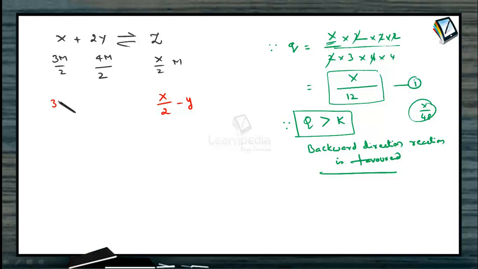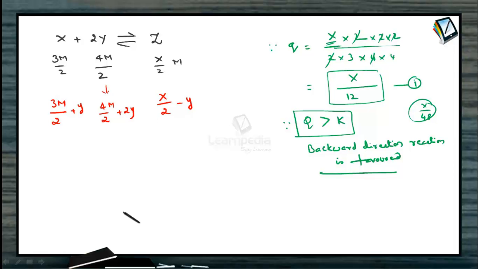So this will become 3M by 2 plus yM. And for every one part of Z we get two parts of Y, so y parts will give 2y parts. Therefore, Y becomes 4M by 2 plus 2y. M stands for only concentration. So these are the new equilibrium concentrations in terms of x and y.